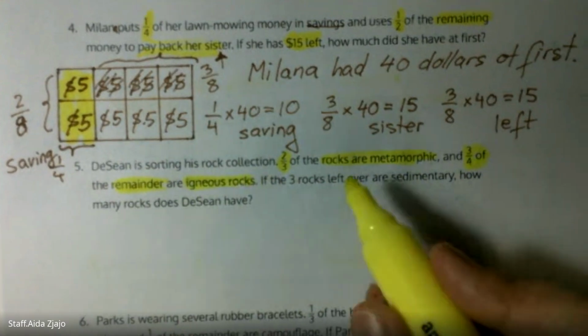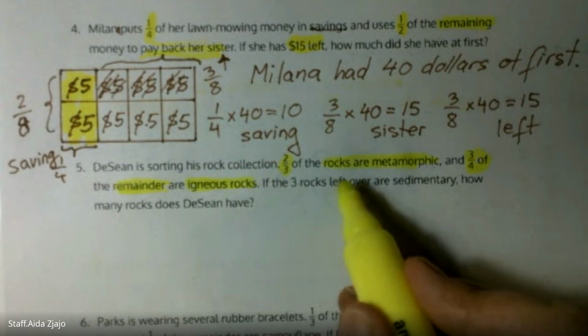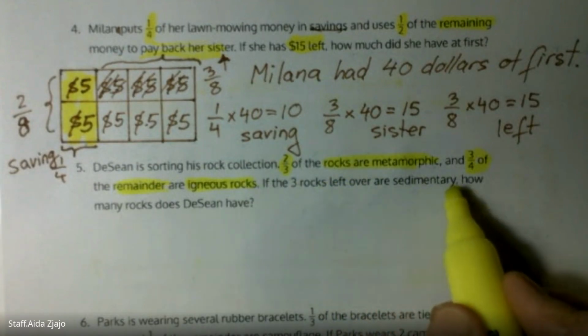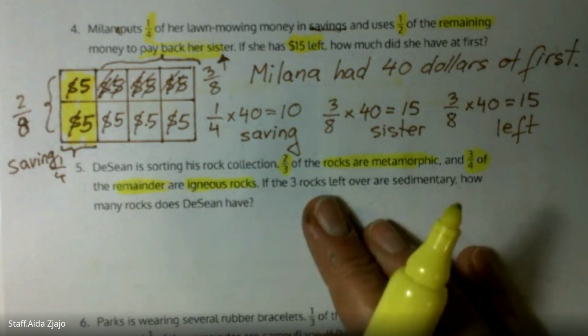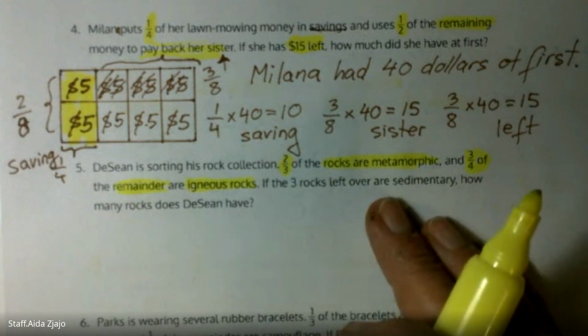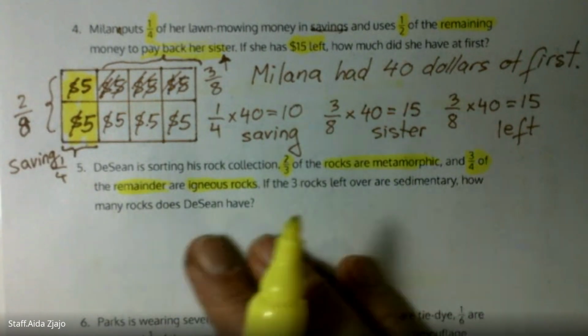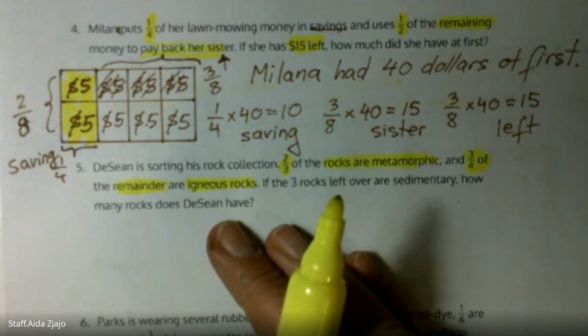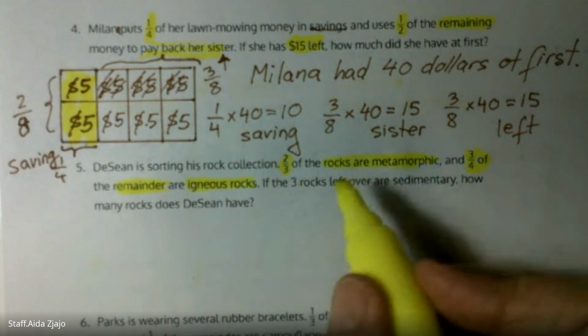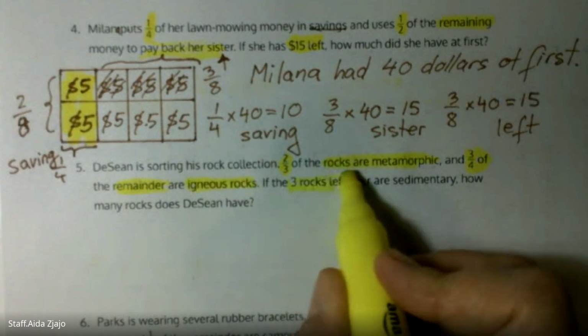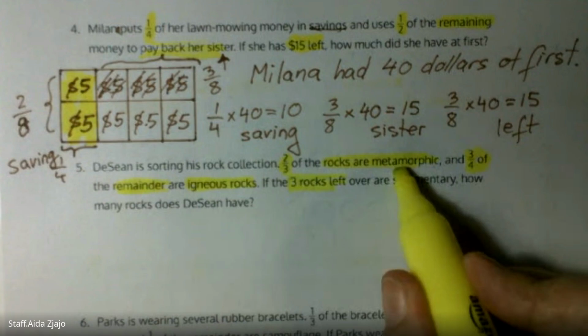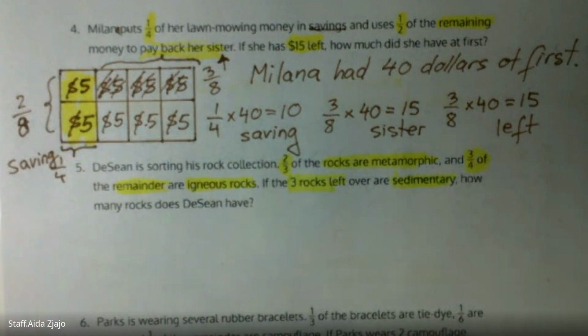If the 3 rocks left over are sedimentary, how many rocks does Dijon have? Okay, so 3 rocks left are sedimentary.